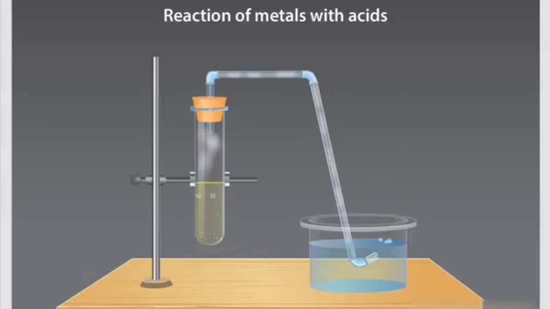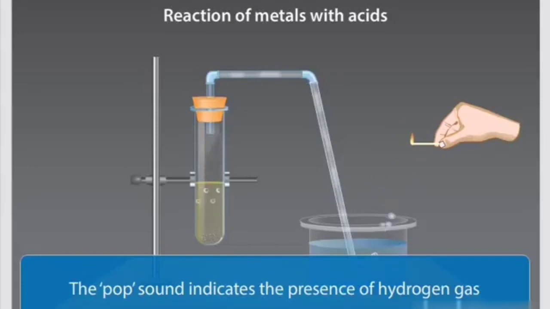Bring a burning matchstick near the mouth of the beaker. Now listen carefully. You will hear a pop sound. What does the pop sound indicate? The pop sound indicates the presence of hydrogen gas.